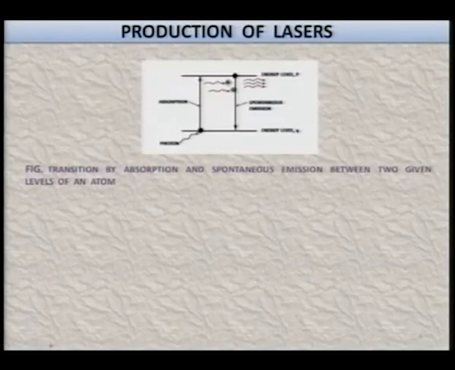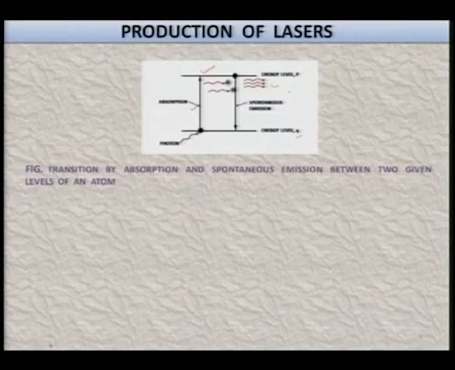As you can see, the same thing is shown here in the schematic diagram. Here is the absorption of energy, and then from the Q level it moves to the P level, and when it decays back to the Q level, it releases the photons.